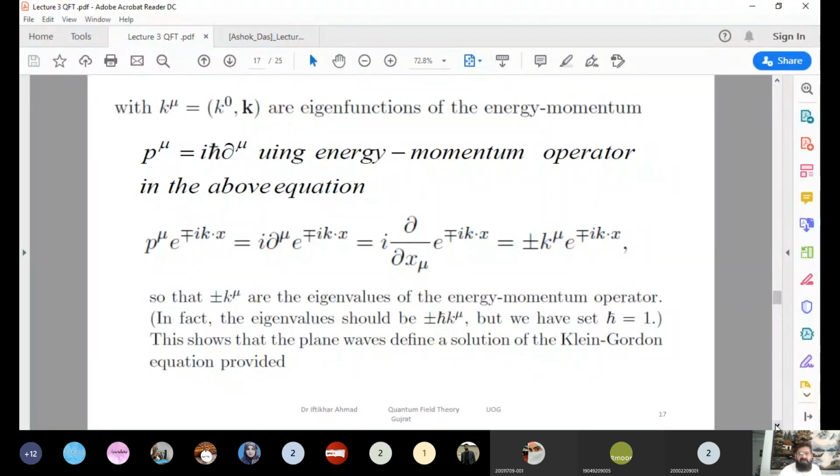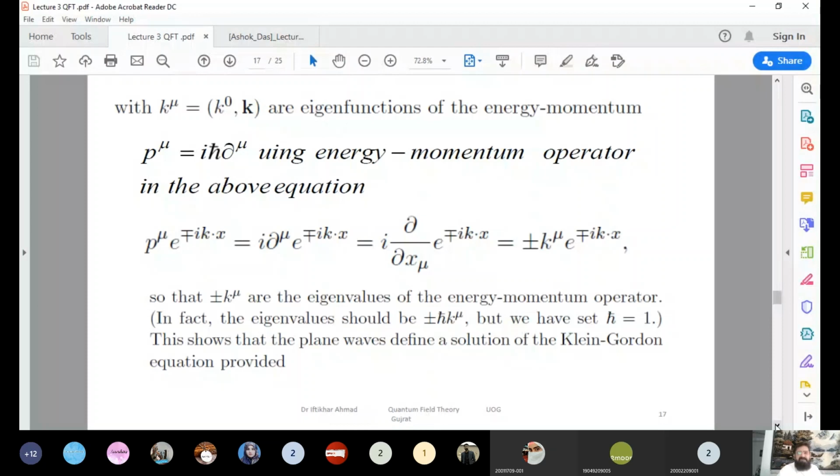So I am here to explain how we can open this. When you are taking P_mu, put the value of P_mu as iota h-cut, where h-cut is equal to 1. So partial_mu of e raised to power minus plus iota k·x. When you apply the operator, you get plus minus k_mu e raised to power minus plus iota k·x.